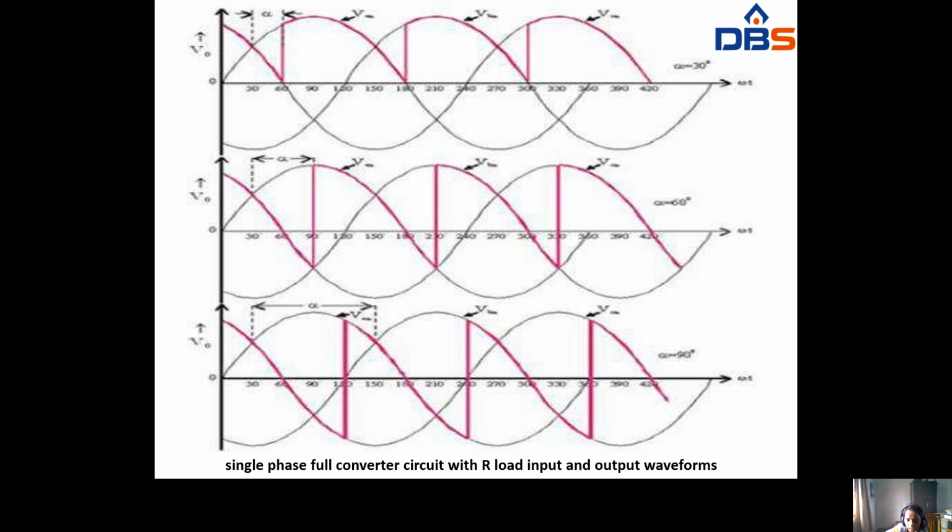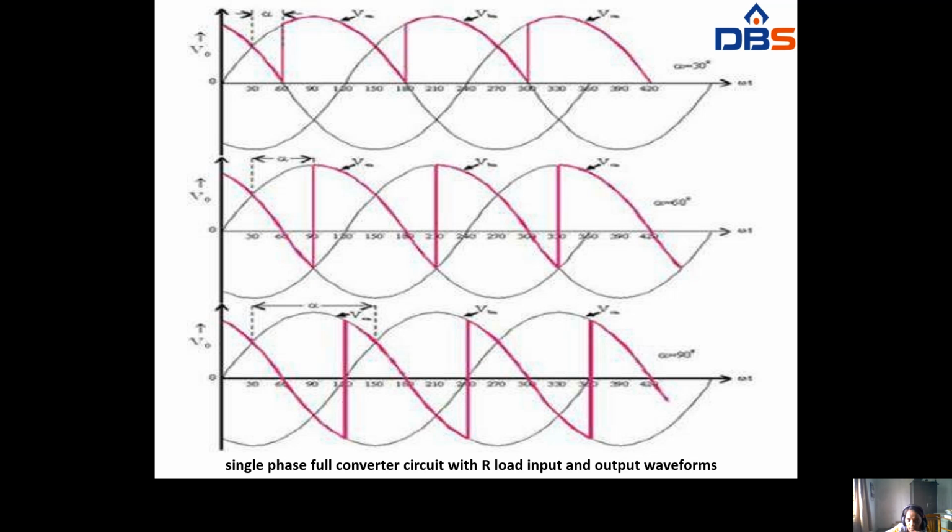In the full wave rectifier, the voltage will be in continuous mode of operation. In the negative half cycle, T3 and T4 operate, so the voltages will be like this.